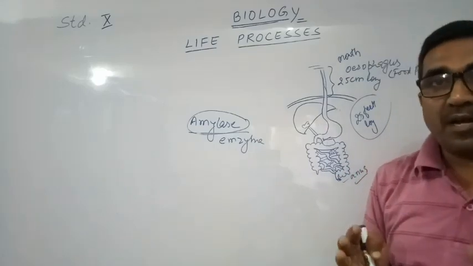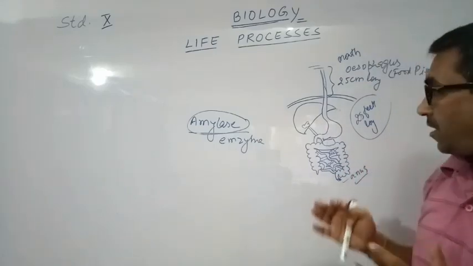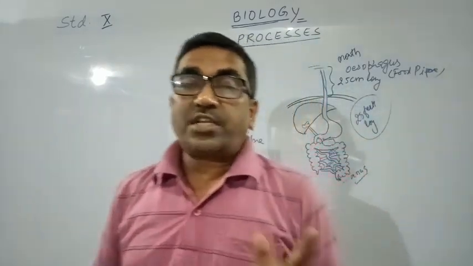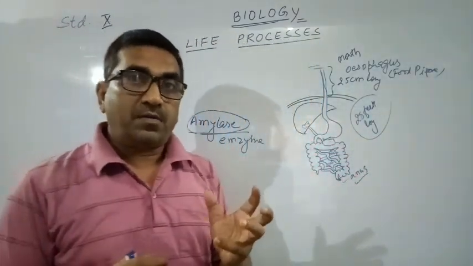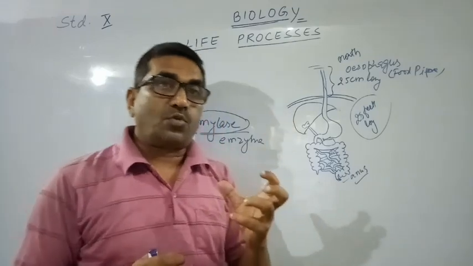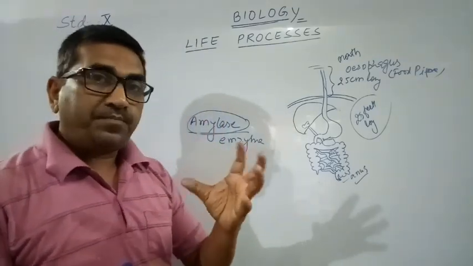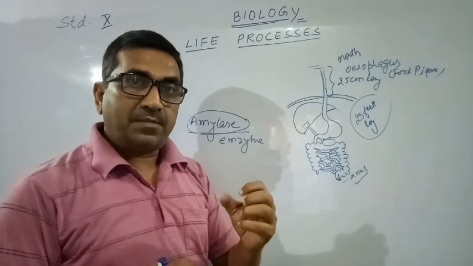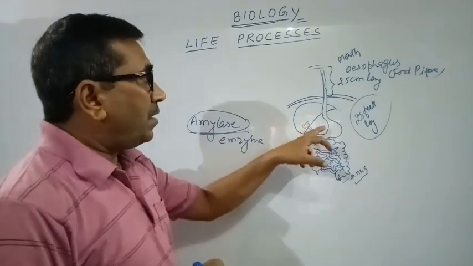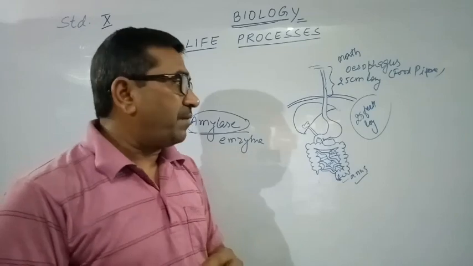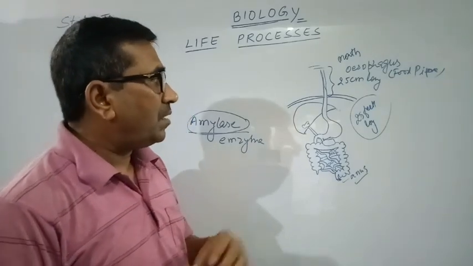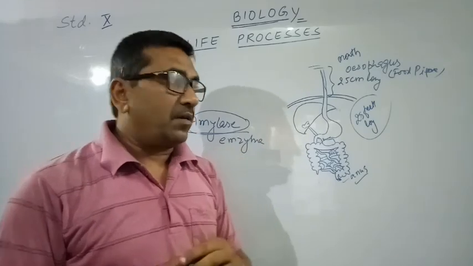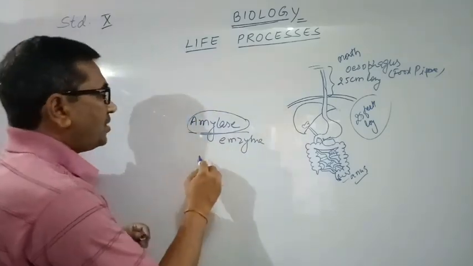The stomach is a J-shaped muscular wall, very strong, and contraction and relaxation, meaning peristaltic movement, always take place. In the stomach itself, the wall of the stomach secretes gastric juice.